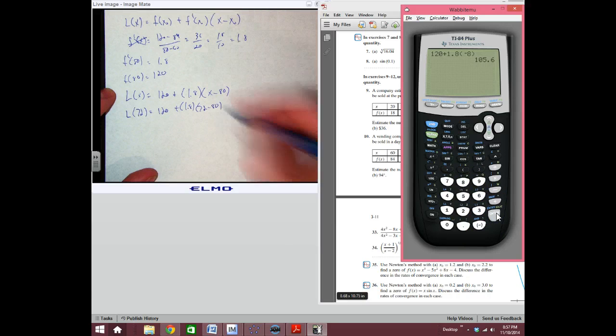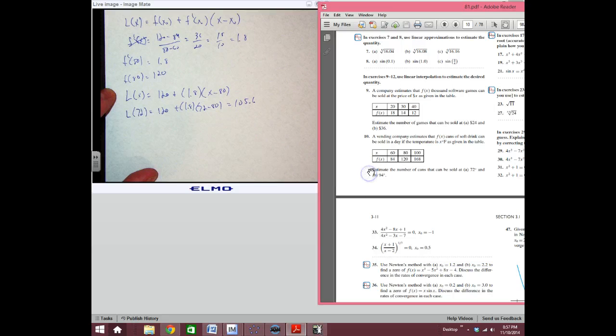And I get 105.6. Our units here are number of soft drink cans sold. So at 72 degrees, we can expect to sell around 105 or 106 cans.